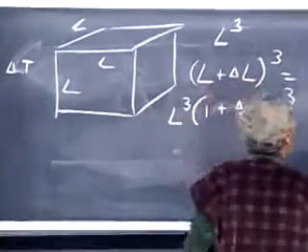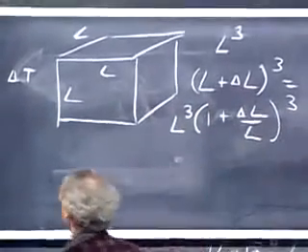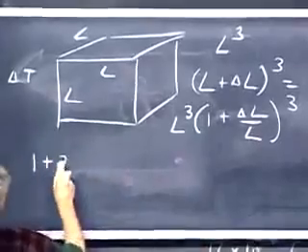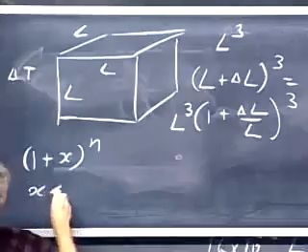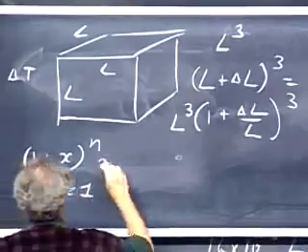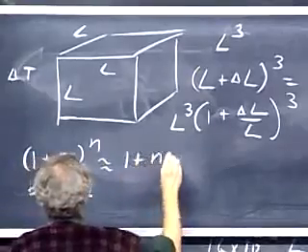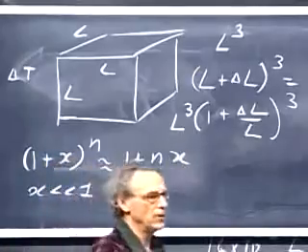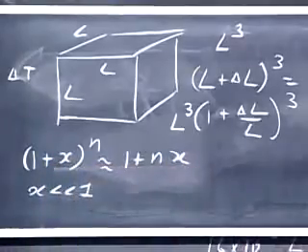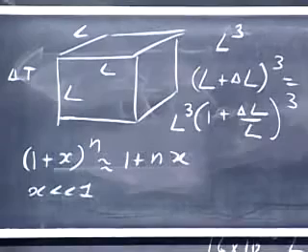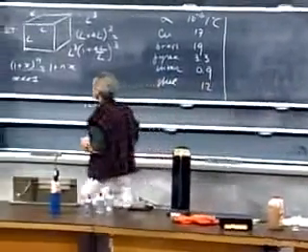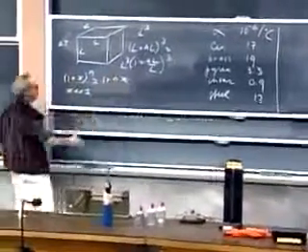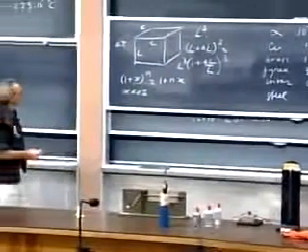Now perhaps you remember, or at least you should remember, that 1 plus x to the power n, in case that x is much, much smaller than 1, is approximately 1 plus nx. We've used that before when we discussed the Doppler shifts, light from receding stars. This is called the binomial series, binomial expansion. It's really the first order terms of the Taylor expansion.